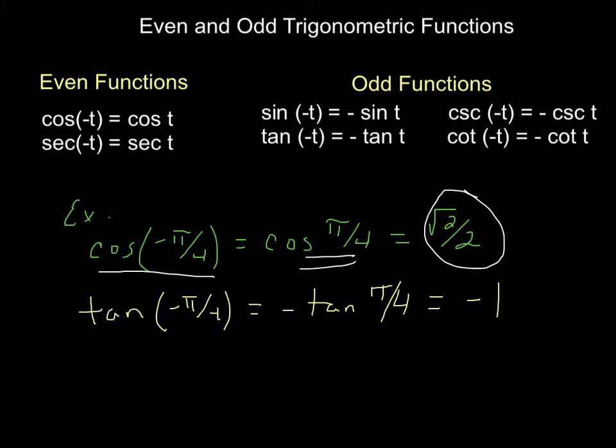Tangent is an odd function, so it's going to be the opposite of tangent of pi over 4. And since the tangent of pi over 4 is 1, the opposite gives me negative 1 as a solution. Okay, so again, we're extending that idea of even and odd functions that we did first semester and applying that to the trigonometric functions.